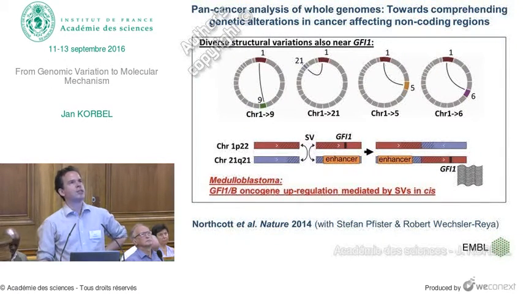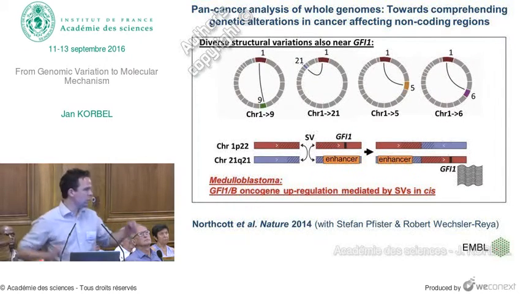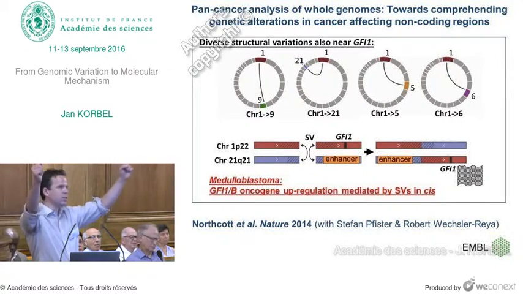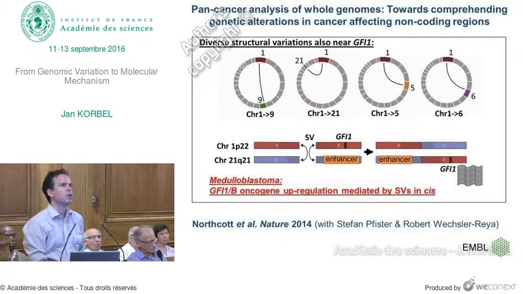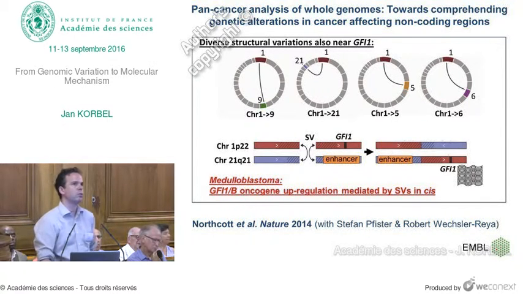To show an example here, in the vicinity but not directly affecting a gene known as GFI1, we find many structural variations in medulloblastoma that lead to translocations, exchanges between two chromosomes, that appear to affect a region in chromosome 1, but which appear to partner with different chromosomes.